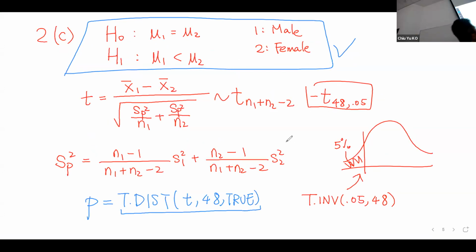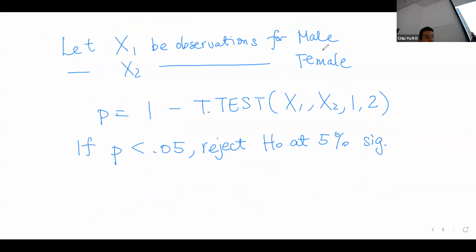If you write 1 is female, 1 is male, then you can just do the t-test. That's why you need to write who is male and who is female. If I swap x1, x2, then you're fine. Is that clear?